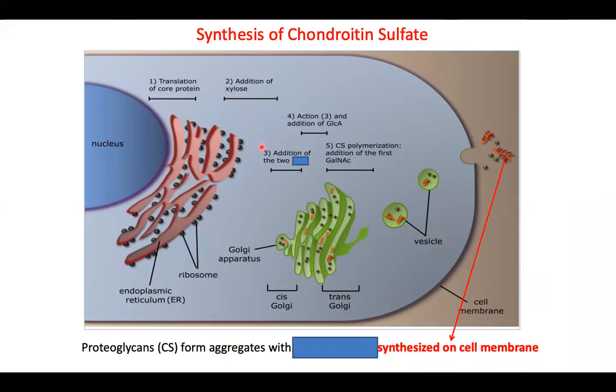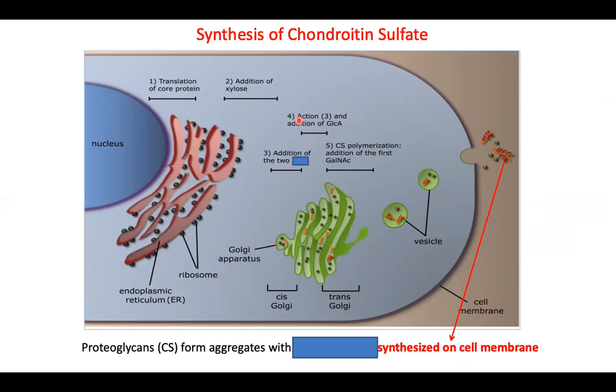What were the two sugars that I then add to xylose? Galactose and galactose. Exactly. And then what's the fourth one? What ends my tetrasaccharide chain? Glucuronic acid. Perfect.